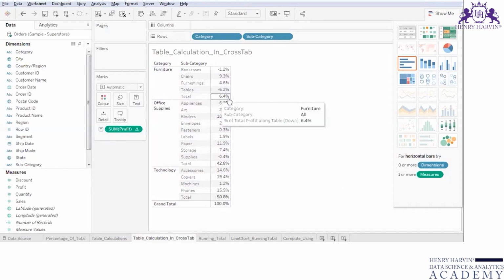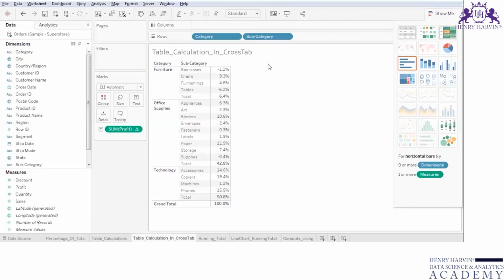Now, had I been a strategic management consultant in this superstore company, I would have straight away told the management that we should discontinue selling the products under furniture, because they are not contributing much to the entire profit of the firm.